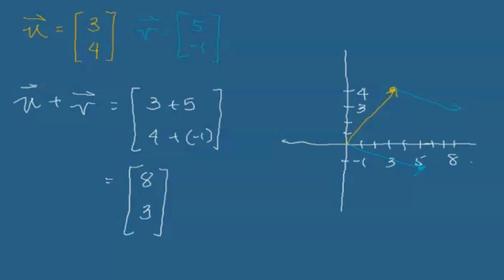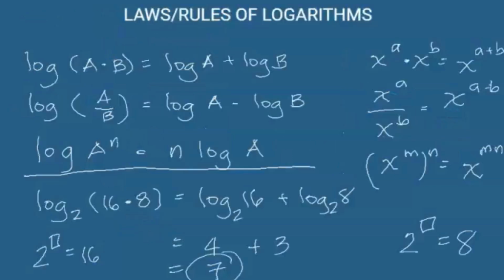Alright, and then let's draw the resultant. So this is the resultant. So this is our vector u plus vector v.